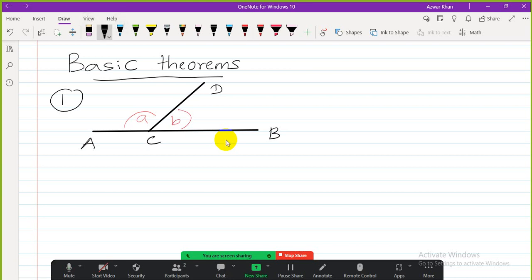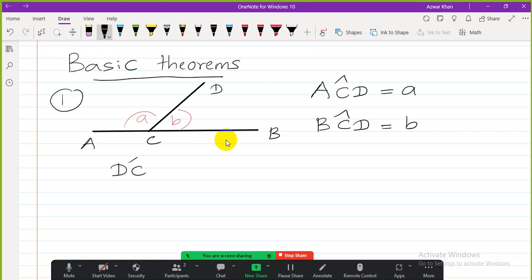So I can write the angle A as ACD. Always the middle letter represents the angle. So how can I name this angle? I can name it BCD. I can say DCB also.